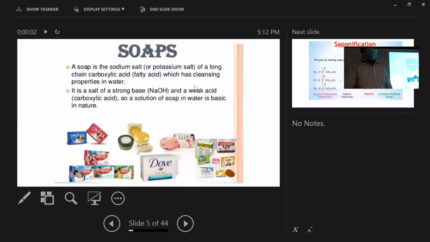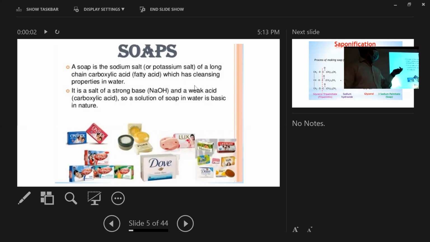So what I have said is that soap is a salt of a strong base. Soap is the sodium salt or potassium salt. We have shown that sodium hydroxide reacts with some compound to form the salt, and that is the soap. Not only sodium hydroxide, but potassium hydroxide can also be used to prepare the soap.